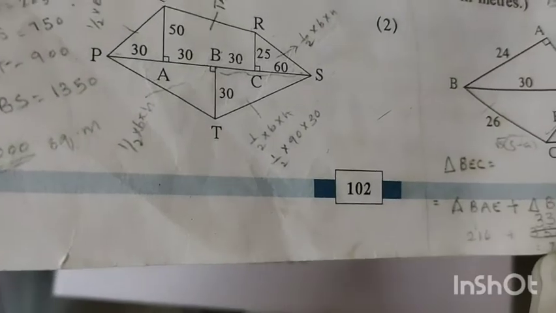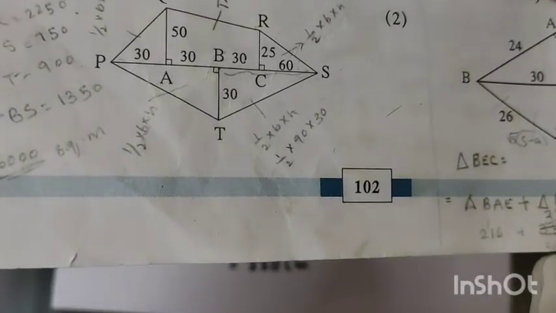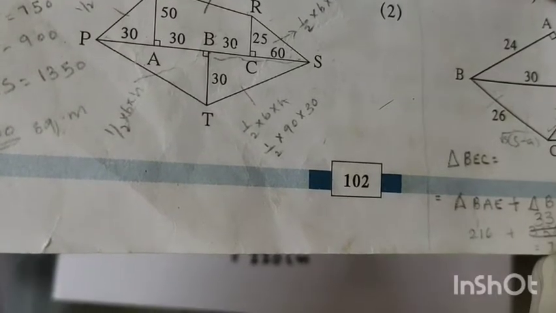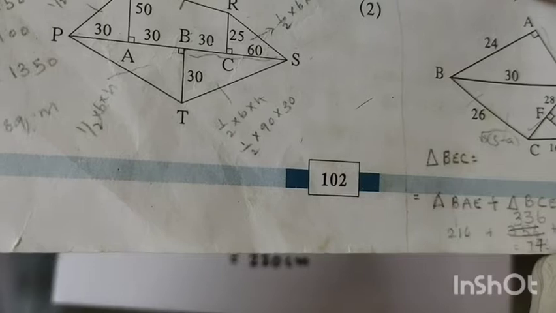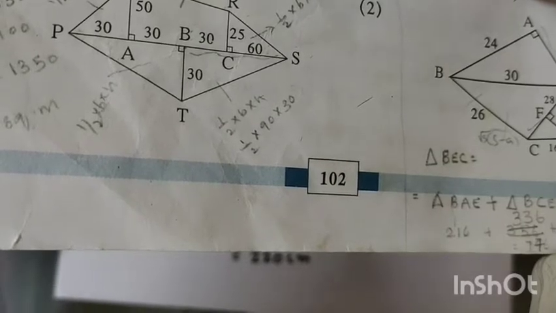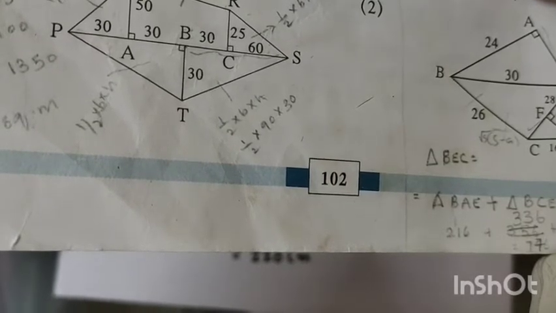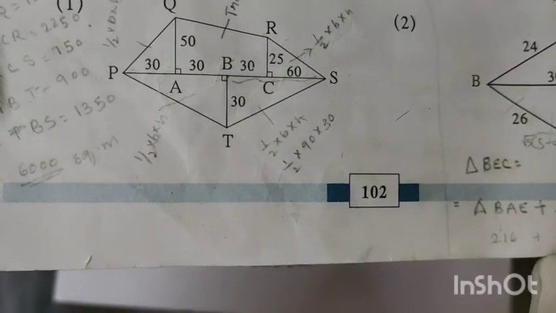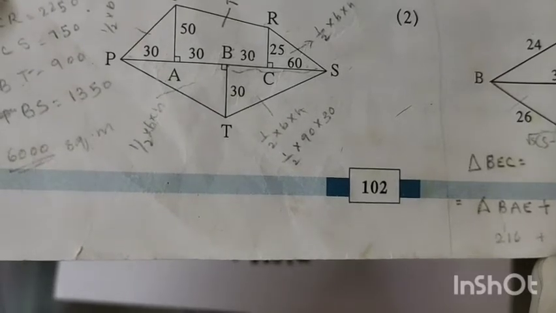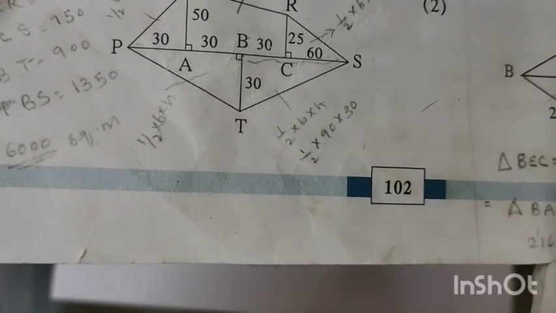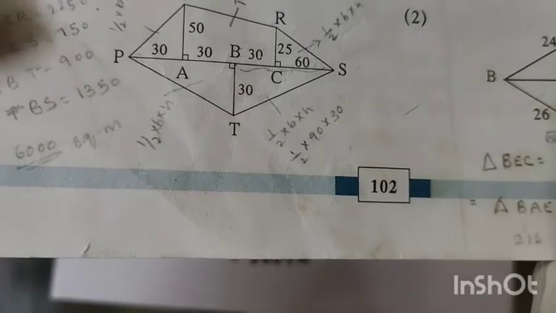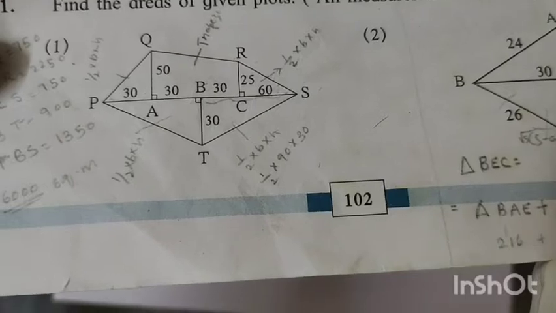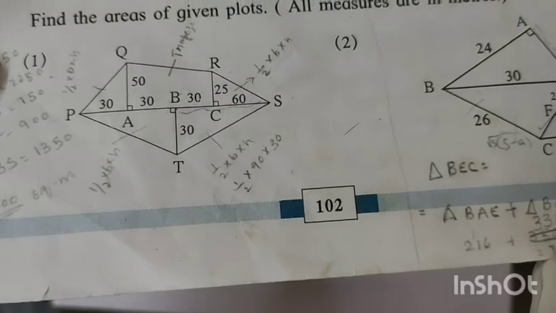Then the next one is a triangle RCS, and it is a right angle triangle. Then next you can see triangle PBT. This is also a triangle. Now next you can see triangle BTS. So this is a plot, but you can see different figures are there.